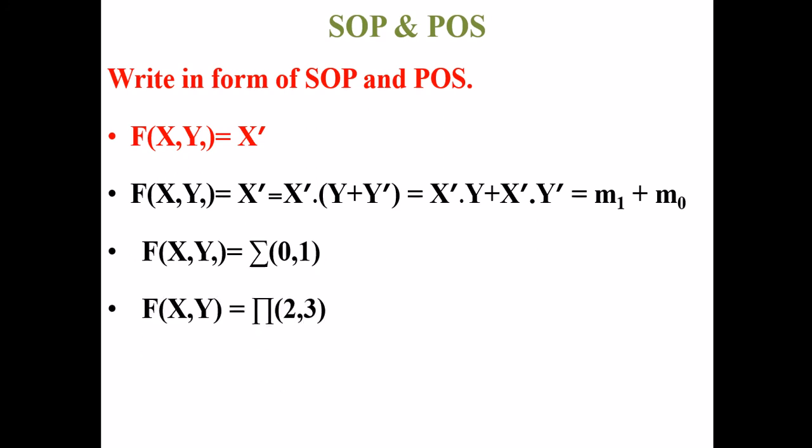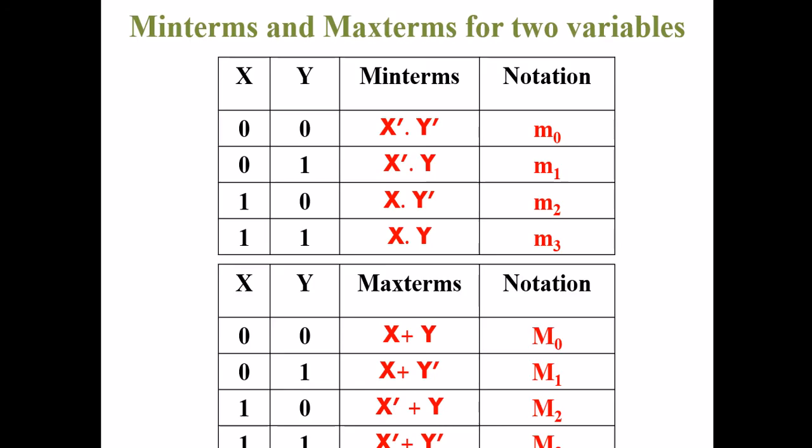Now the output related to this for maxterms must be 2, 3, because if you look at the table for maxterms, for x complement dot y complement you need to find the maxterm for this combination with a plus sign.